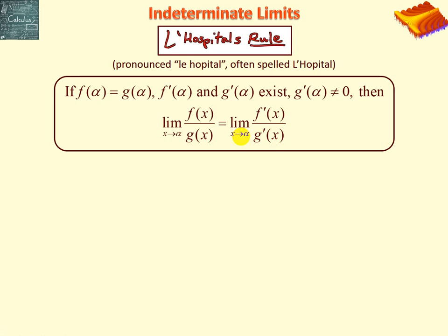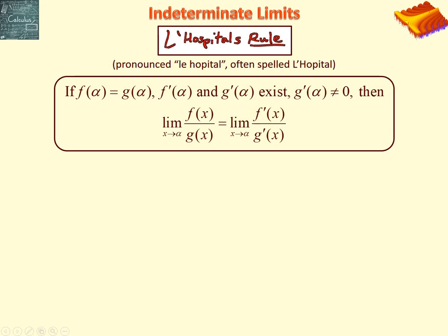So if and only if we have an indeterminate form of 0 over 0 or infinity over infinity when we substitute into f of x over g of x, then what we can do is differentiate the top and the bottom and continue like that.